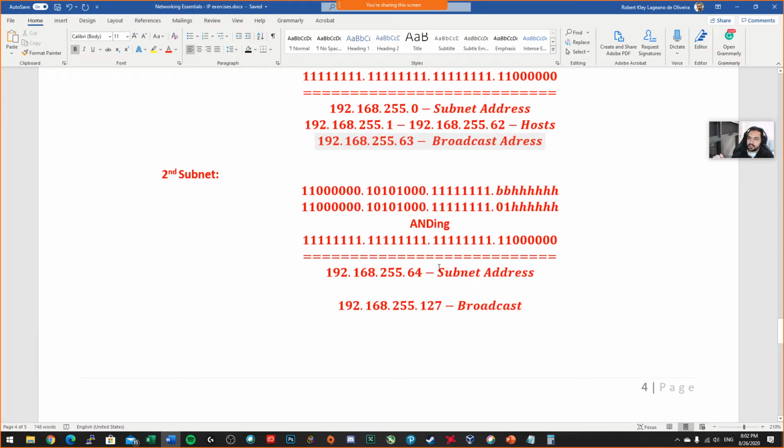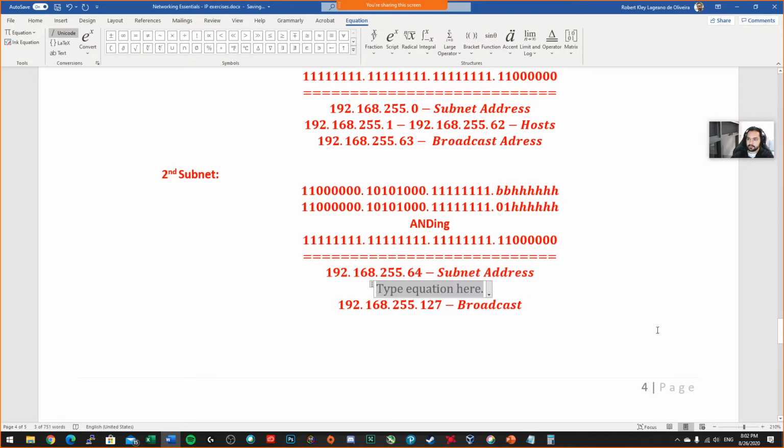So what are the host addresses, guys, for the second subnet? 192.168.255.65, yes. And 192.168.255.126. I'm lazy, so I'm just gonna put the dot 126.